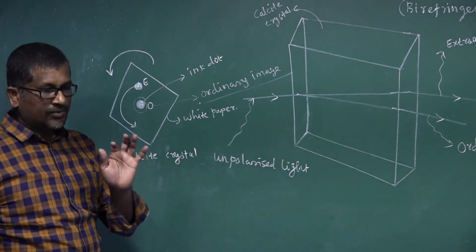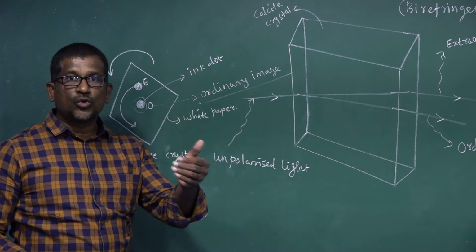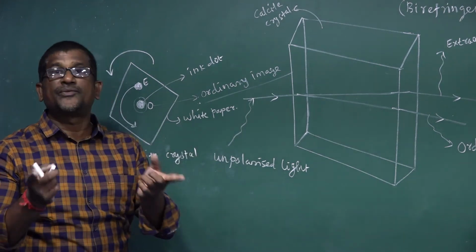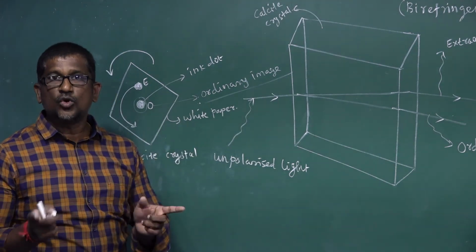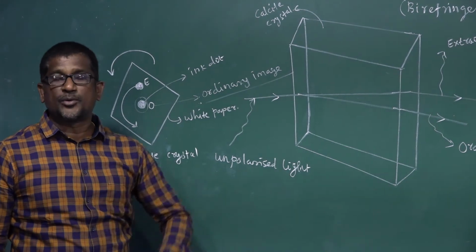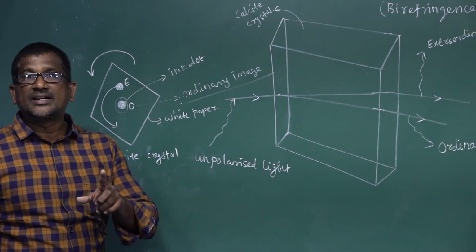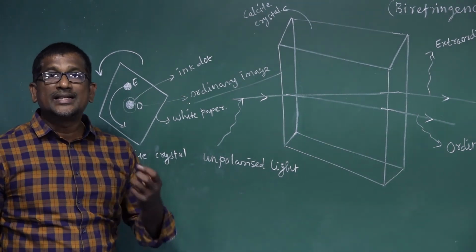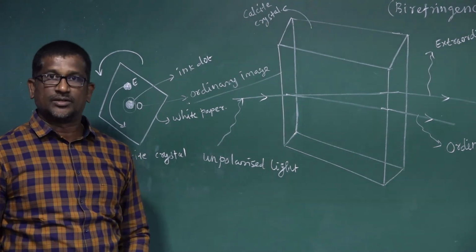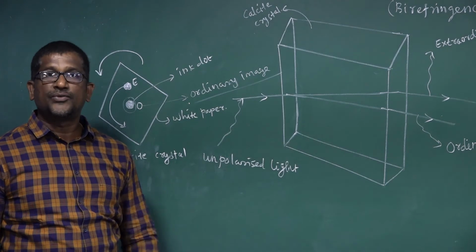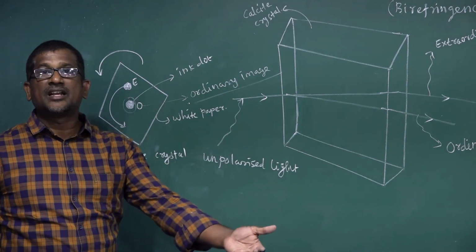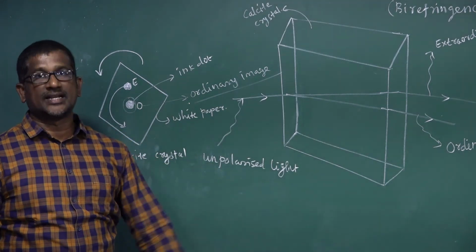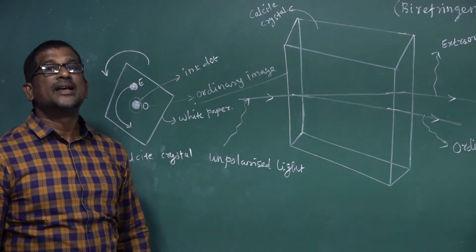Already I told you, if unpolarized light is passed through a calcite crystal, two refracted rays are produced. One of the refracted rays is called the ordinary ray, which obeys the laws of refraction, and the other refracted ray is called the extraordinary ray.